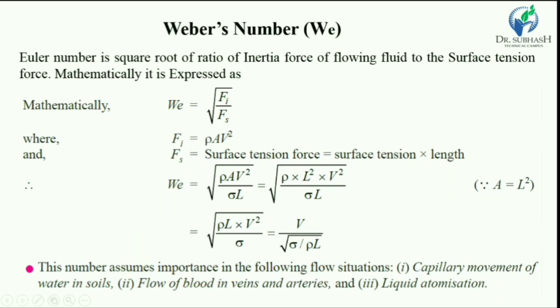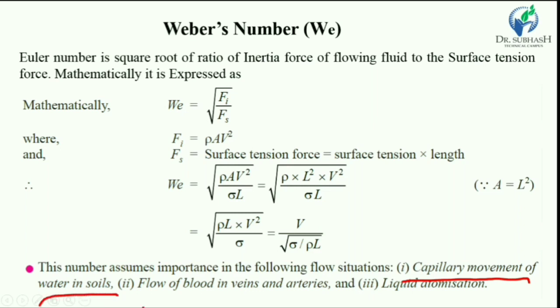Weber's number is very important in systems where the surface tension forces are significant. Some examples are given where the surface tension force is important. The first one is the capillary movement of water in soils.